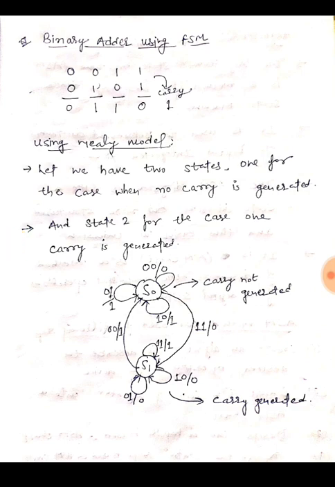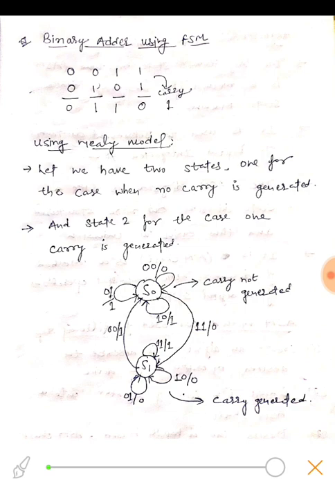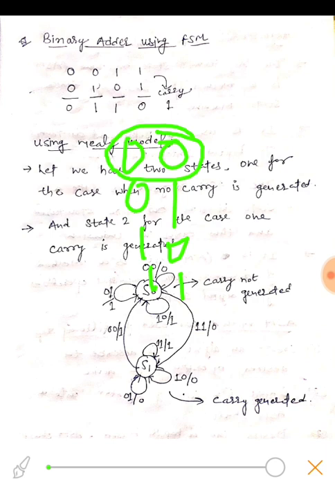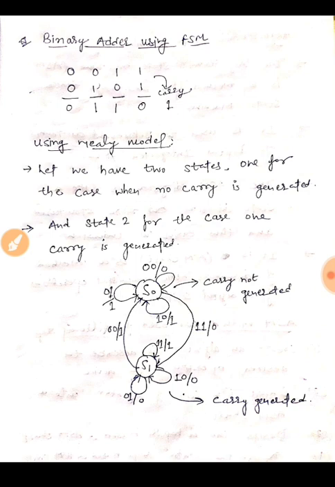Okay. So now let's see how we can implement. We have two states, that is S0 and S1, and since we have two bits to add, we have two inputs, that is 0 0, 0 1, 1 0 or 1 1. So we have two input bits. That is why I have shown here two input bits in the input, and output is a single bit. Okay. So let's start.